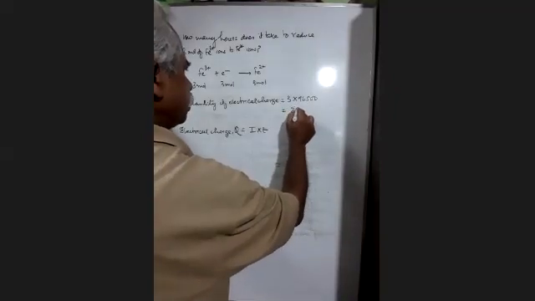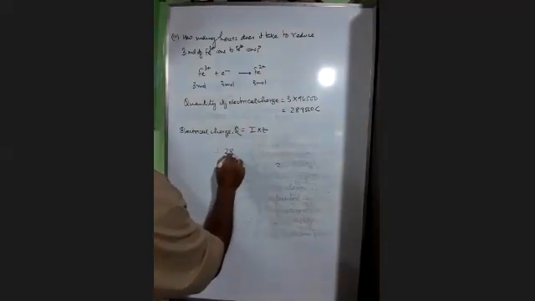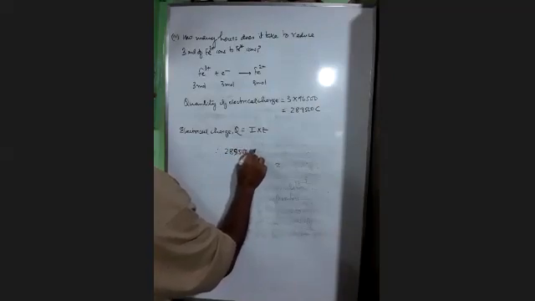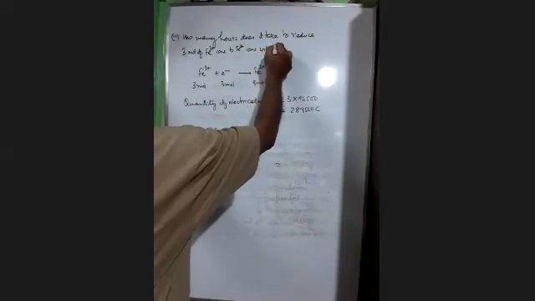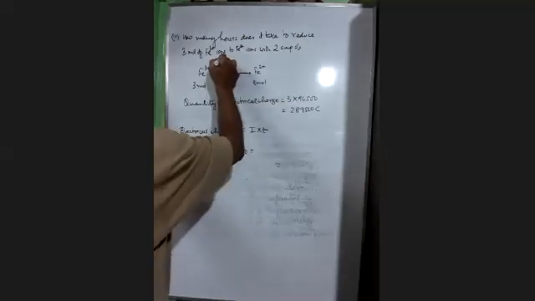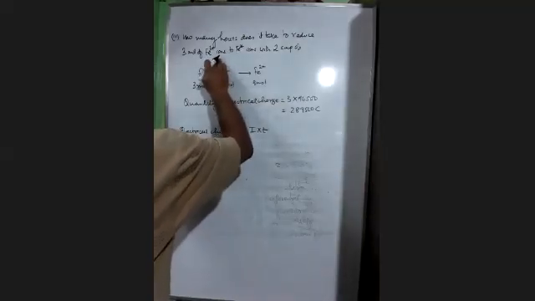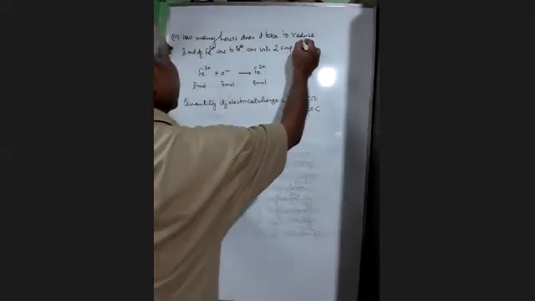Just now we have done 289,500. It is 2 ampere of current.